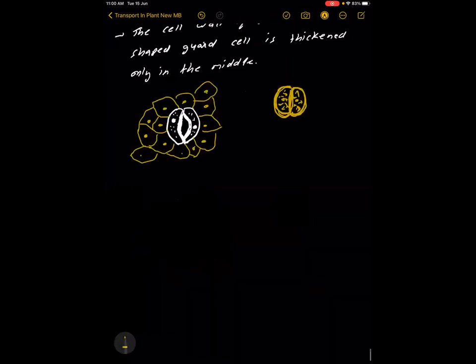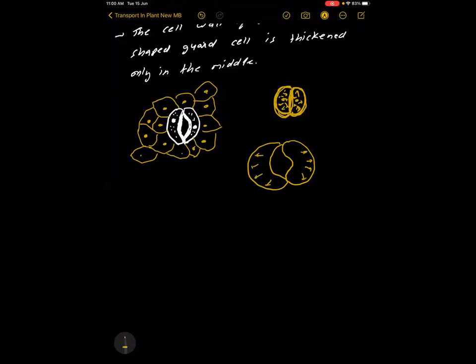So the shape is kidney shaped like this, and only this outer wall shows this turgidity, stretching. Because the outer wall is stretching, the inner wall automatically moves towards this side and this side. They move in opposite directions, so this opening is formed.